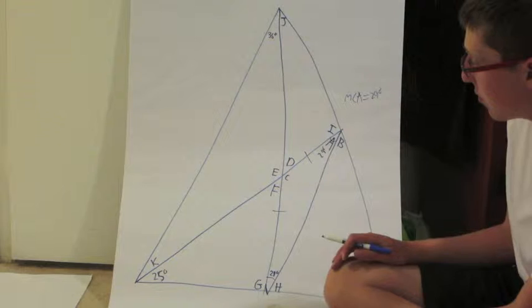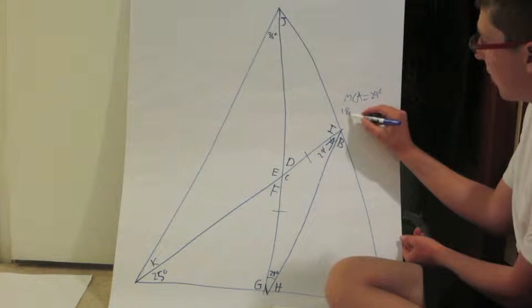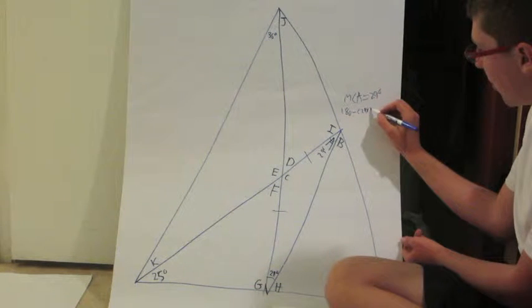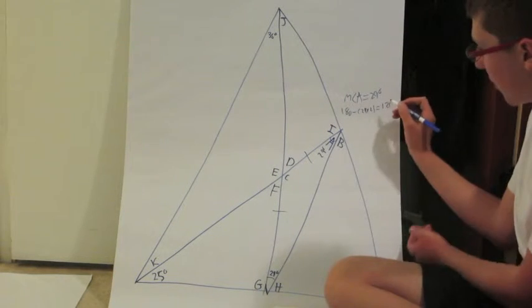Alright, so the next measure that we can solve is measure C. Measure C would be 180 minus 29 times 2, which would be 121 degrees.